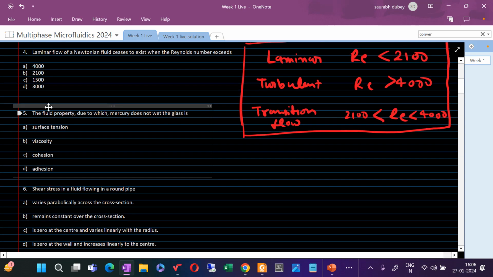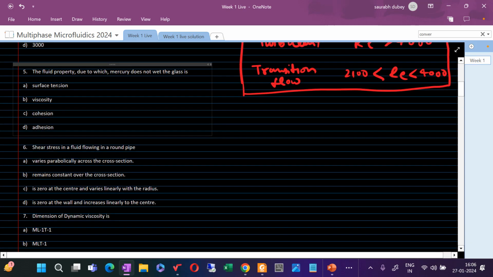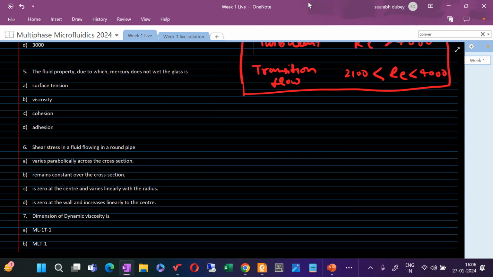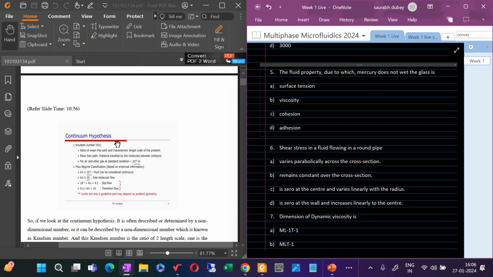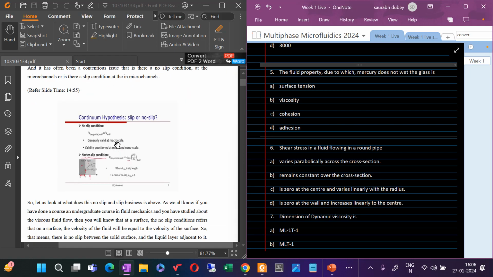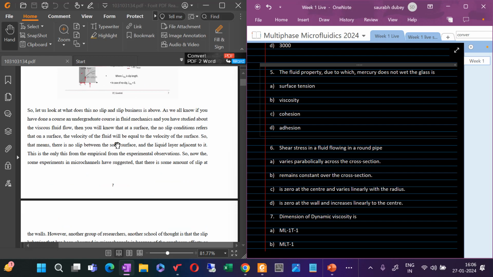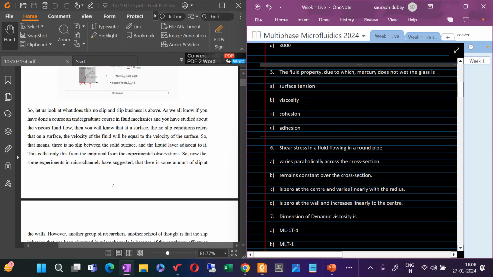Now the fifth question: the fluid property due to which mercury does not wet the glass is the surface tension. The concept of surface tension and contact angle were told. Cohesion can be there, adhesion can be there.